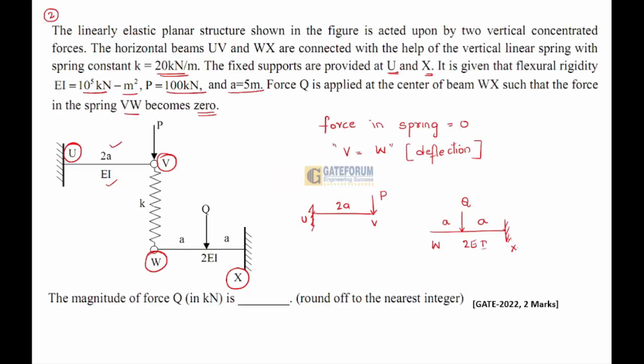What will be the deflection formula? Load P, L cube by 3EI, right? That should be equal to Q into a cube by 3 into 2EI. That is, I'm talking about this half condition from here to here.